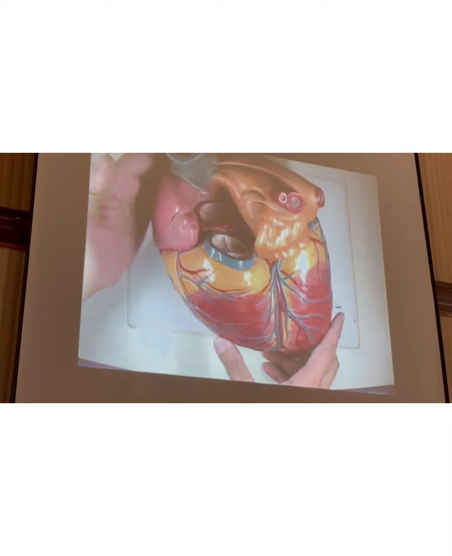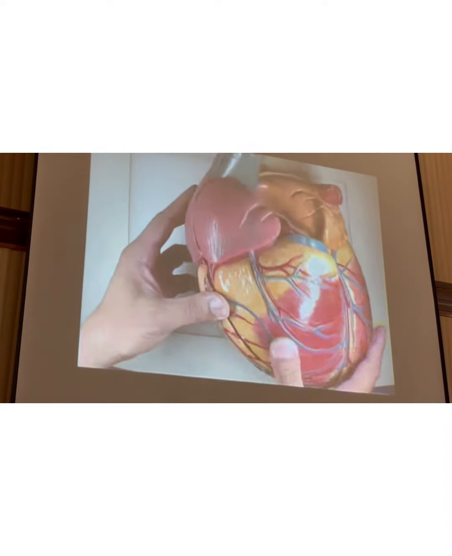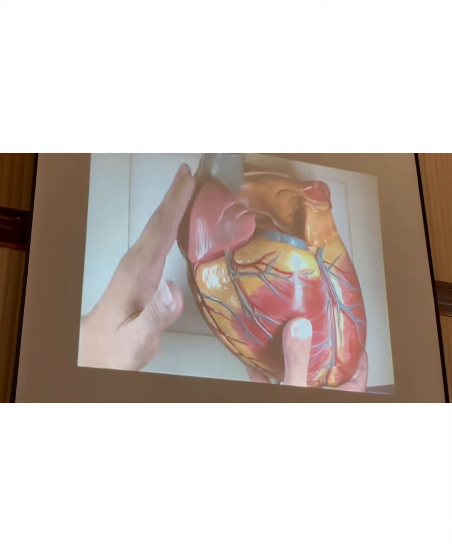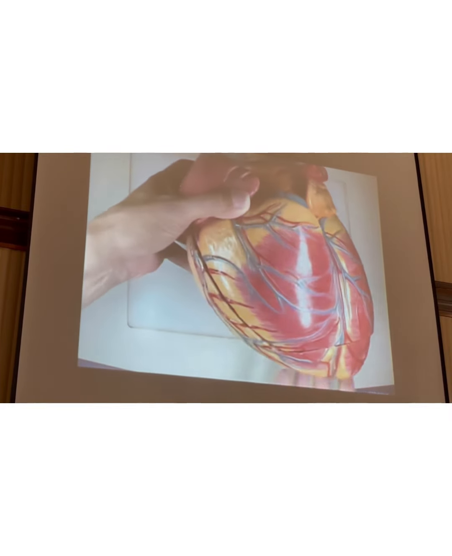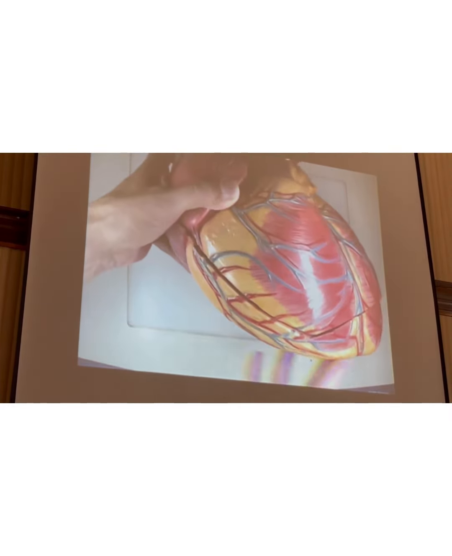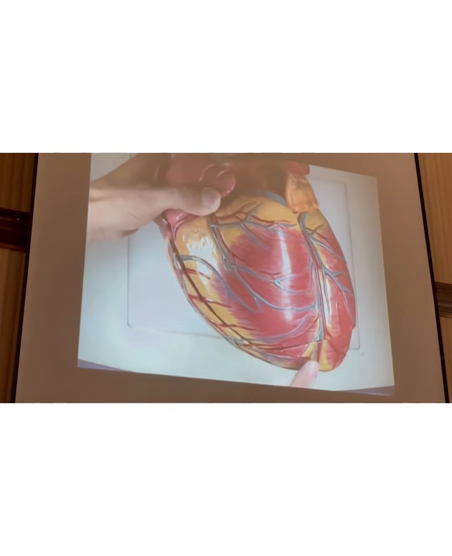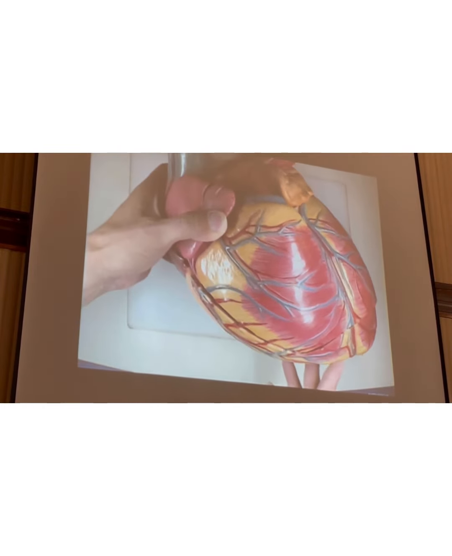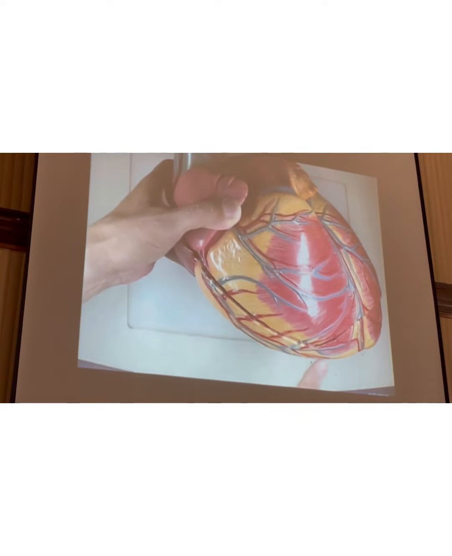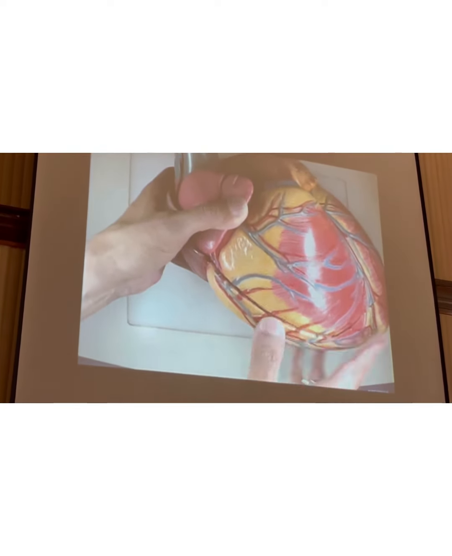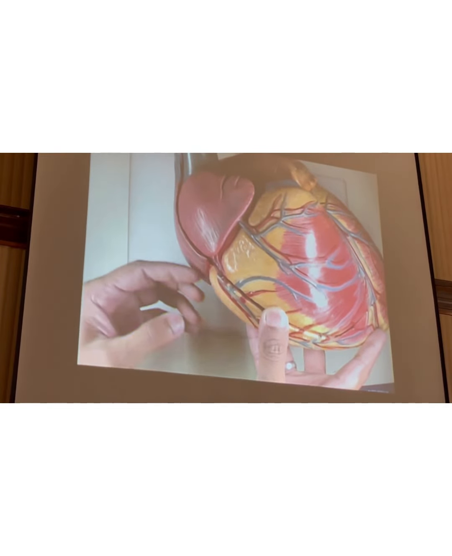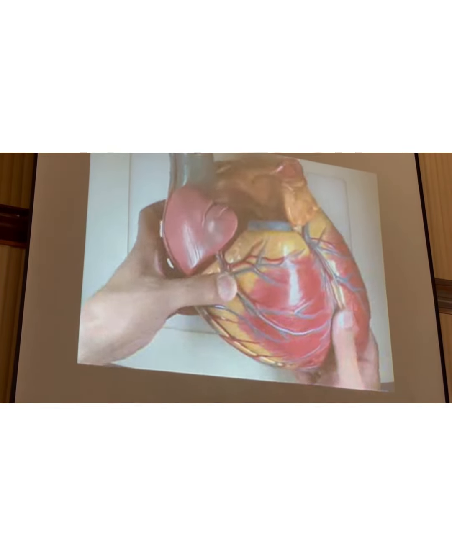The right border is formed by the right atrium. The inferior border is formed mainly by the right ventricle and a small contribution of the right atrium.